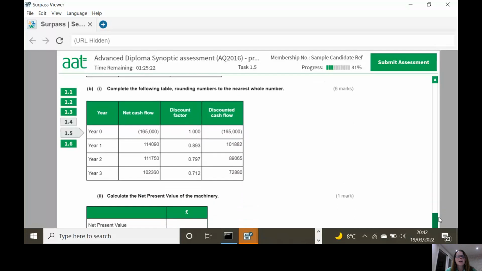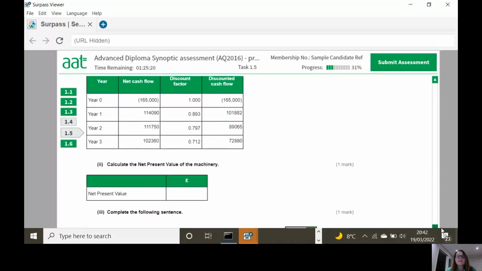Right. Calculate the net present value of the machinery. So to do a net present value, that's where you basically add up all your discounted cash flows. Remembering the first one is a negative because it's money flowing out. And then all of the others are the money flowing in adjusted to today's values.